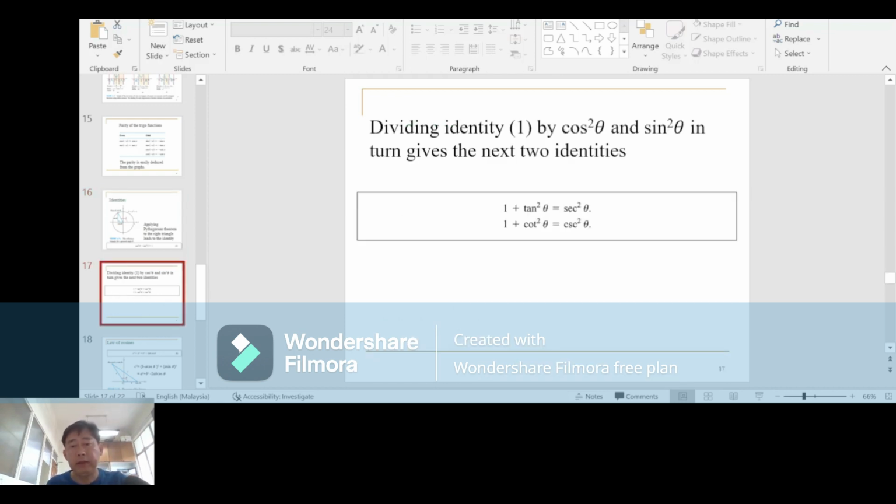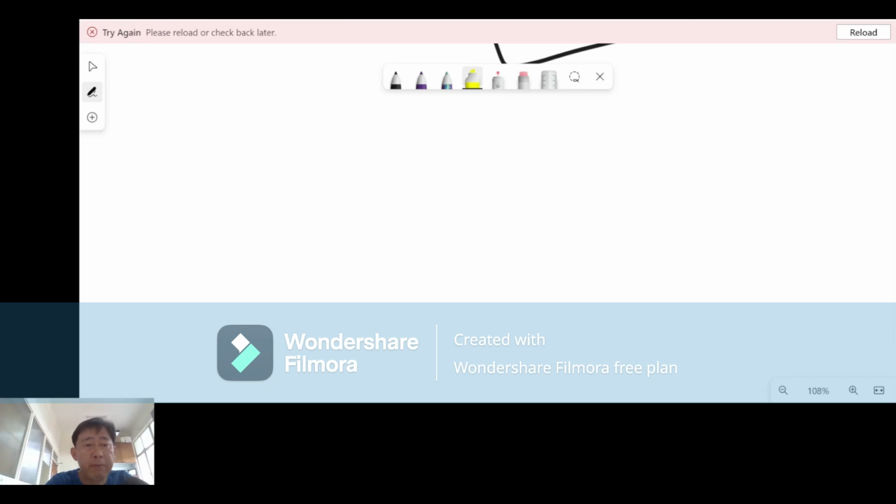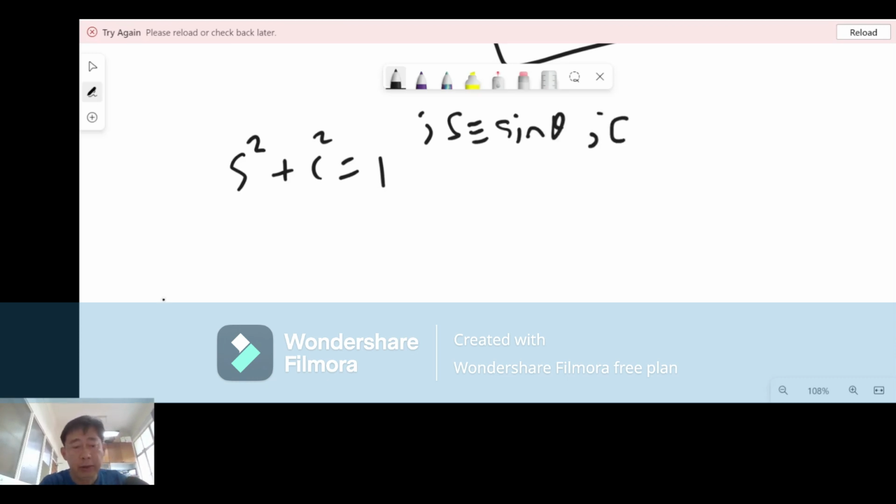So the next very simple identity that you have to remember by heart is 1 plus tangent square theta equals secant square theta, and 1 plus cotangent square equals cosecant square. So you don't really memorize these formulas. You just memorize the identity that sine square theta plus cos square theta equals 1, where I have used the shorthand notation of S to represent sine theta and the shorthand notation of C to represent cos theta.